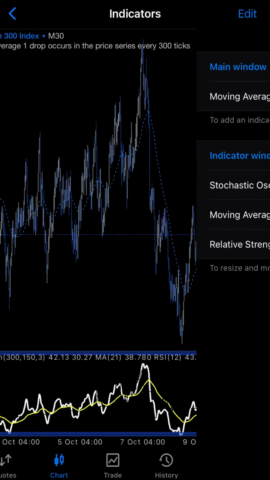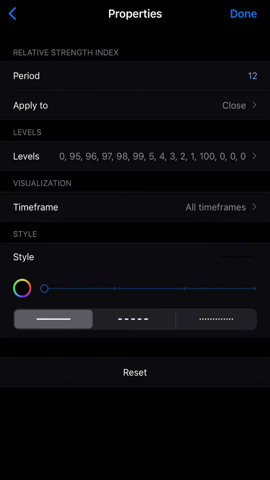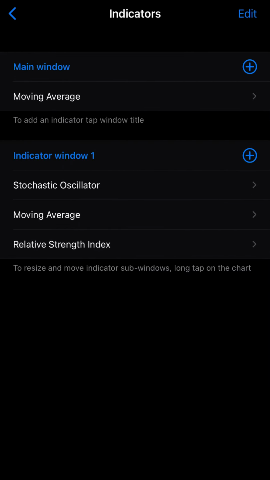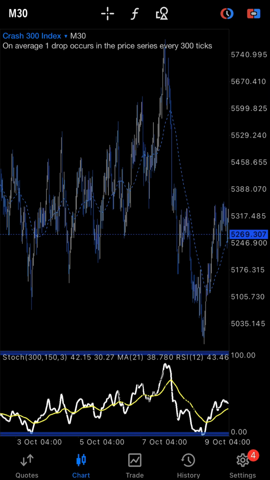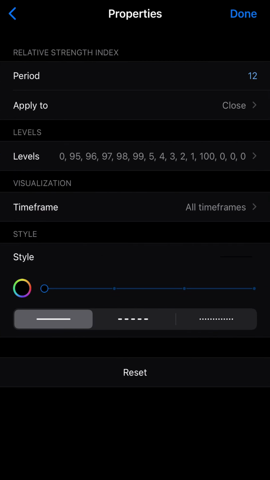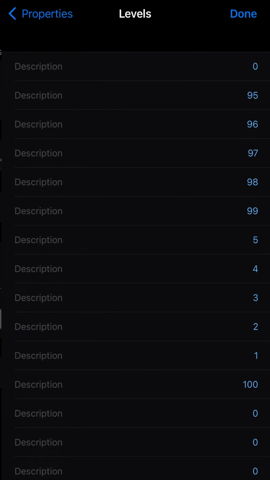Then the last one is the RSI. The RSI is just for you to see the overbought and oversold levels. You can copy the settings here.